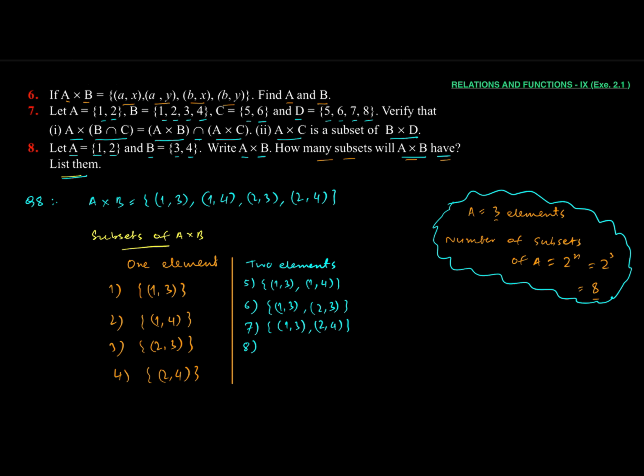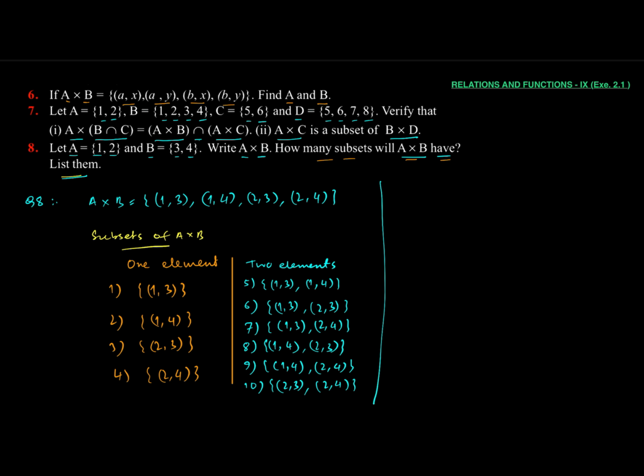The eighth one will be having elements 1 comma 4, 2 comma 3. The ninth one will be having elements 1 comma 4, 2 comma 4. The 10th one will be having elements 2 comma 3, 2 comma 4.